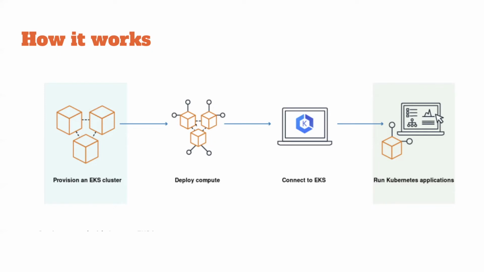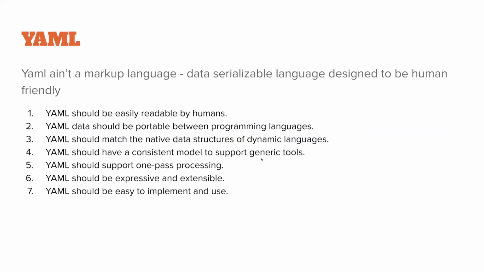And kubelet is what enables the control plane to communicate with your instances. So just keep that in mind: you provision your cluster, it deploys your compute, and now you connect to EKS and you're able to deploy using the API. And then I just want to talk about YAML real quick. It's going to look a little bit complicated, but trust me, it's English.